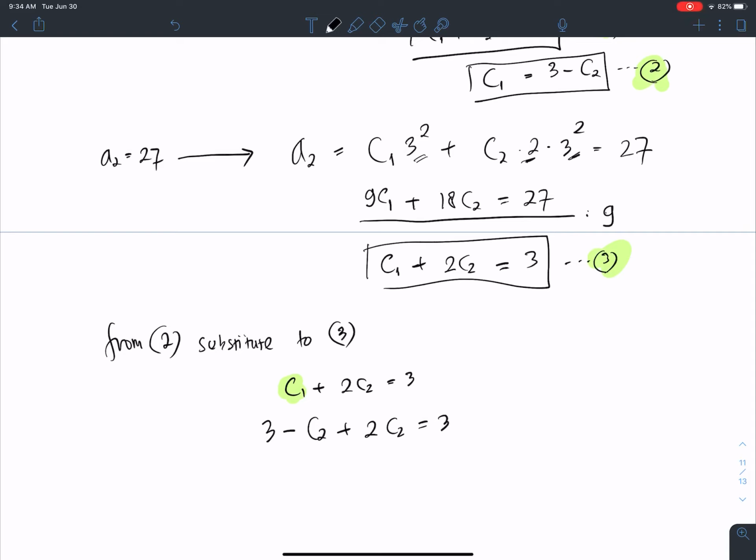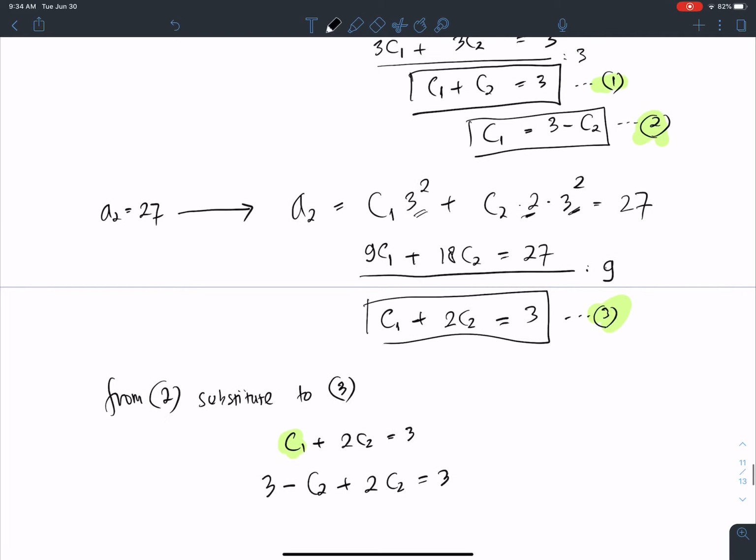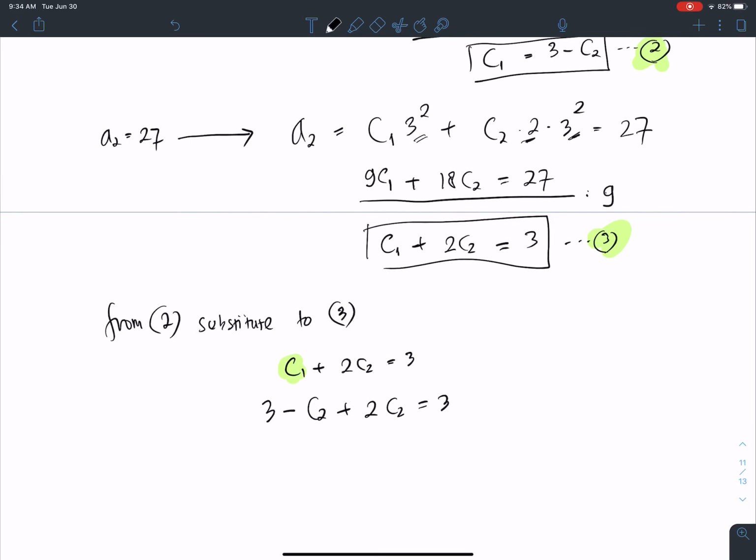So we have, hold on, 3, and then minus c2 plus 2c2, so we have c2, so equal to 3.